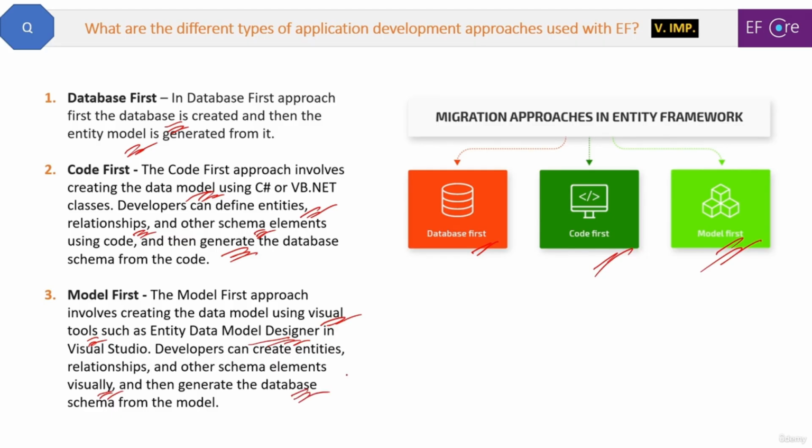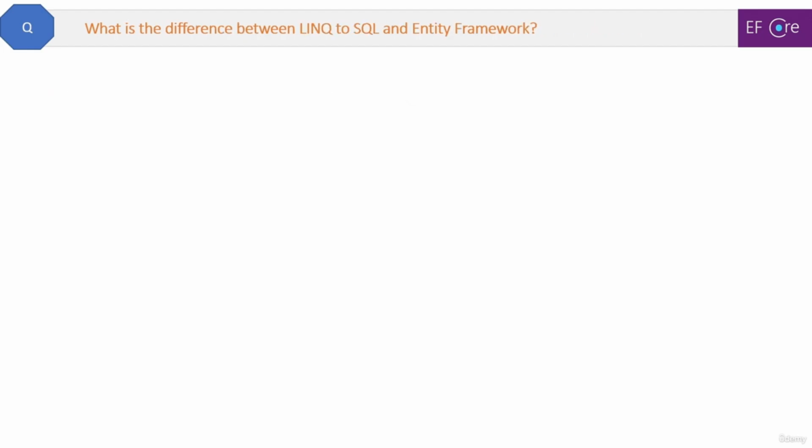So basically, a visual tool will be used for the model first approach. Now it's up to you which approach is better suited. I prefer database first, but code first and model first are very rarely used, but that is an option.